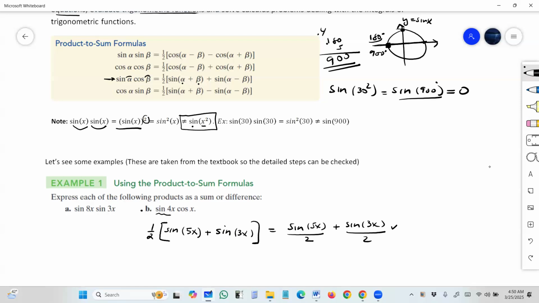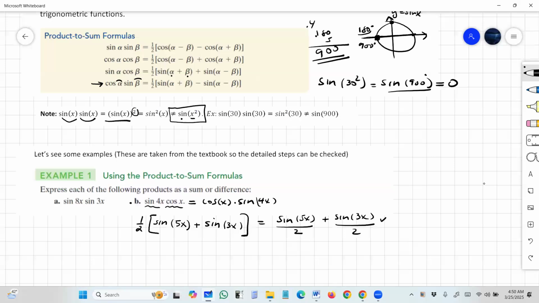Sine 4x times cosine x could have been written cosine x times sine 4x. And then you would use the other formula, the cosine times sine, where alpha is the first angle x, and beta is the second angle 4x. I'm going to leave this here because sometimes this happens.